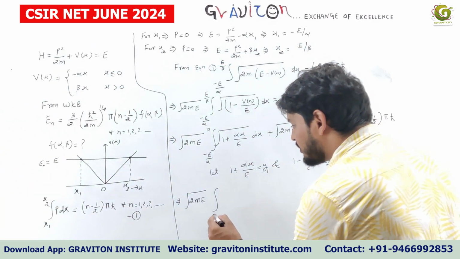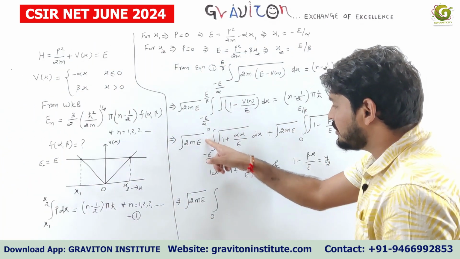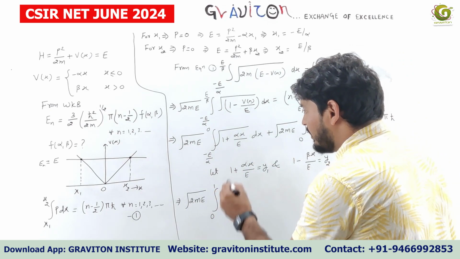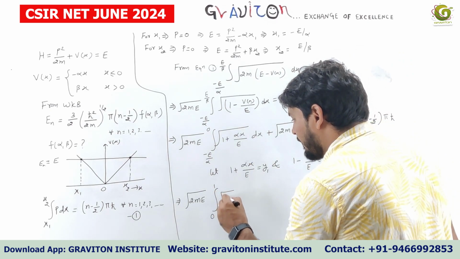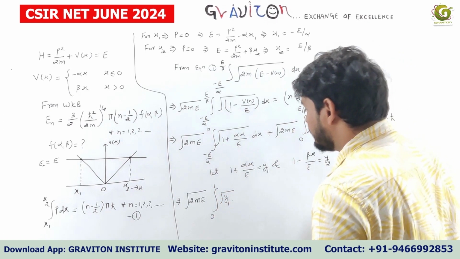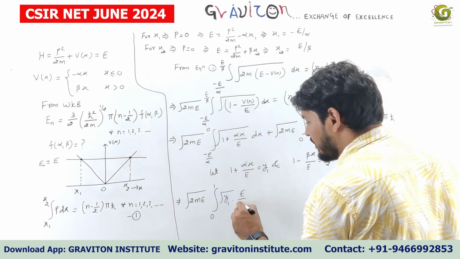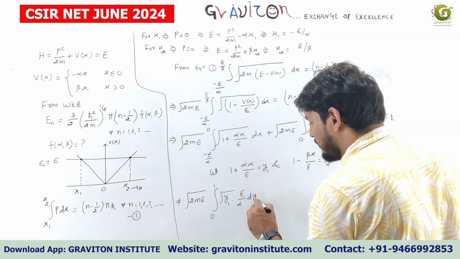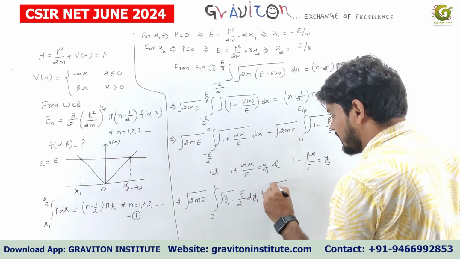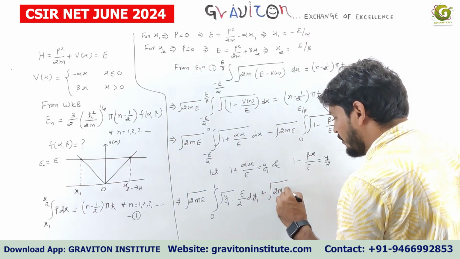This starts from 0, and when you put 0, this will become 1, so 0 to 1, and this is under root y1 into dx, which will become e by alpha into dy1, plus under root 2me.